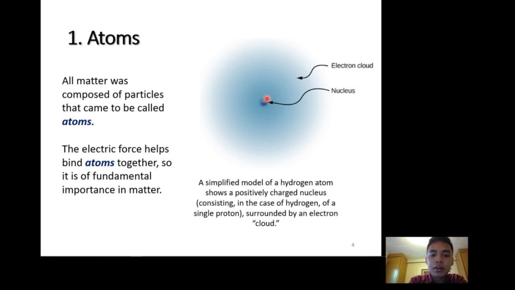You can see the nucleus, which is the center, and in the nucleus we have the protons, and then the electron cloud. It's a misconception that the electrons are just a point in the cloud. Actually this is the case of quantum physics, so the electron can be in this part or this part. There's no time that you can identify where the electron is.